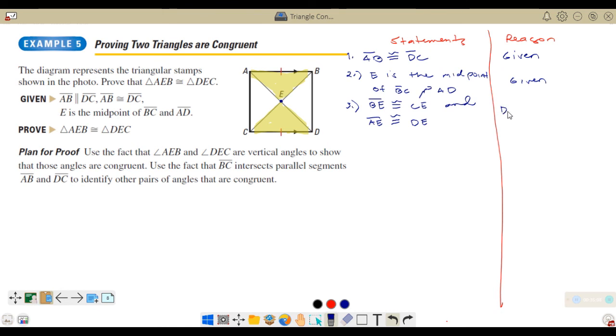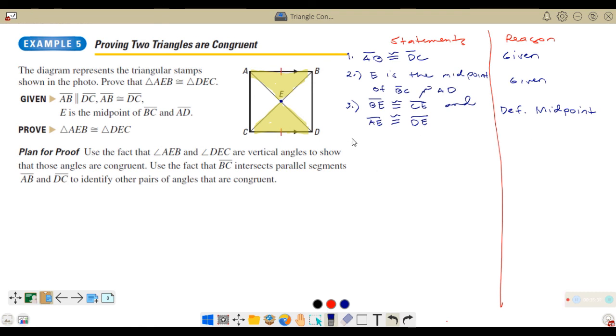So, dito ay definition tayo ng midpoint. Okay, by definition of a midpoint, it will divide your line segment into two congruent segments. So, for segment BC, it was divided into two congruent parts, segment BE and segment CE. And for AD, it was divided into two congruent segments, AE and DE.